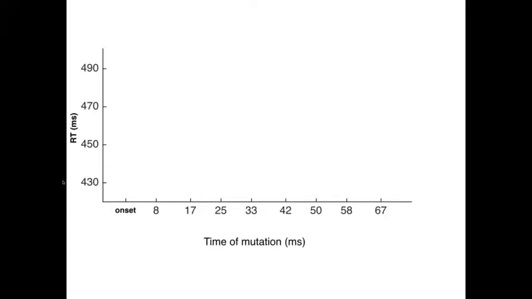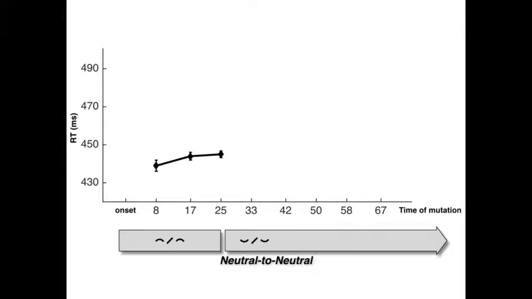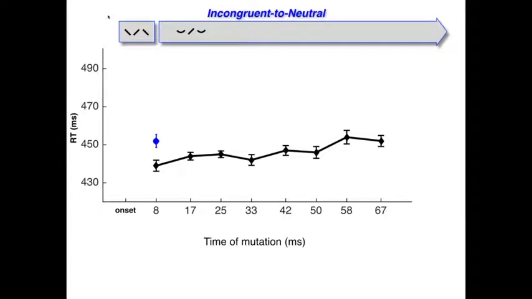Here we have reaction time by the time of mutation. These are our neutral to neutral trials mutated at different times, and we'll compare these trials to the 2 other types of trials. Here we have incongruent to neutral trials mutated after 8 milliseconds, meaning that the incongruent distractors were presented for 8 milliseconds and then replaced by neutral distractors until response.